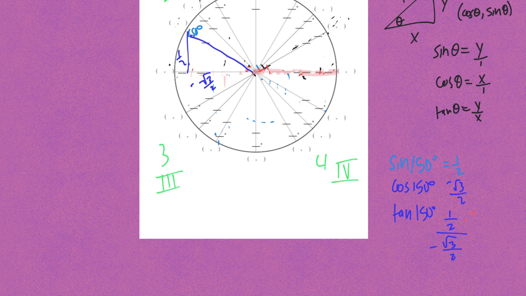What you do is multiply the top and bottom by that common denominator, and it cancels it out. And you get 1 over negative square root of 3. You have to rationalize it. You get negative square root of 3 over 3. So that would be the tangent of 150 degrees. And if you punch that in your calculator, it would give you the decimal approximation. So you've got to remember, tangent means the y-coordinate over the x, and you reduce it.